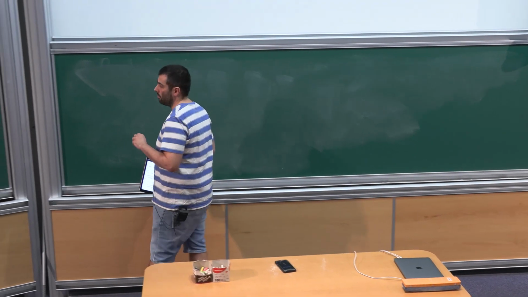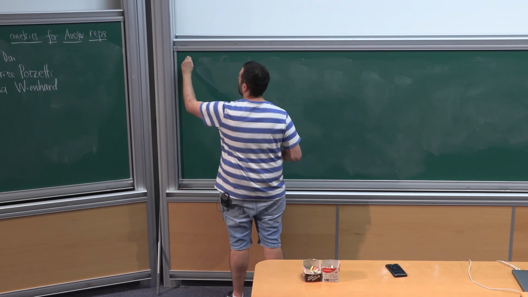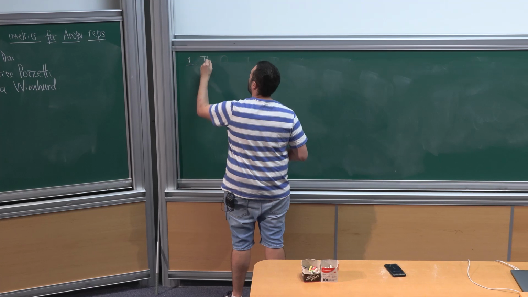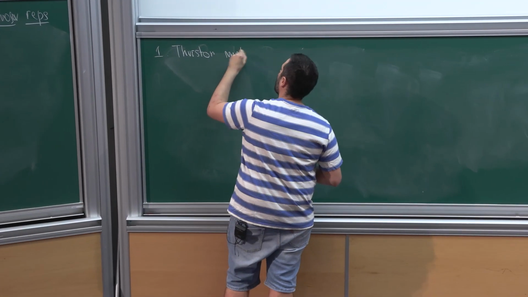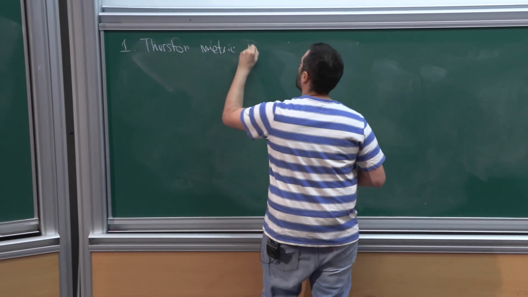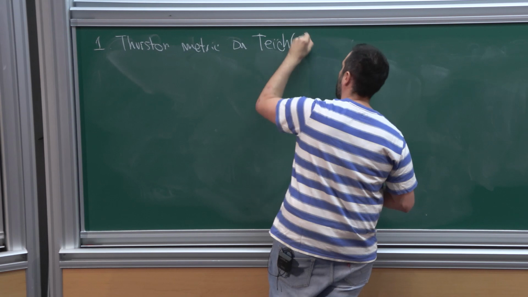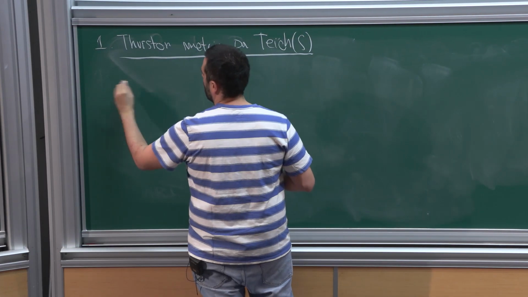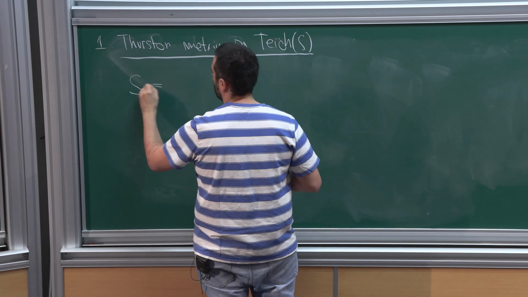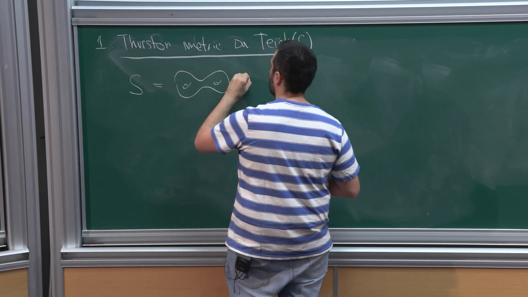So first I will recall what the Thurston metric in Teichmüller space is. Let's say we fix a topological surface, a closed surface S of some genus bigger than 2.